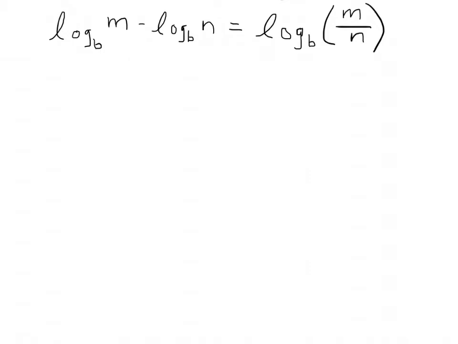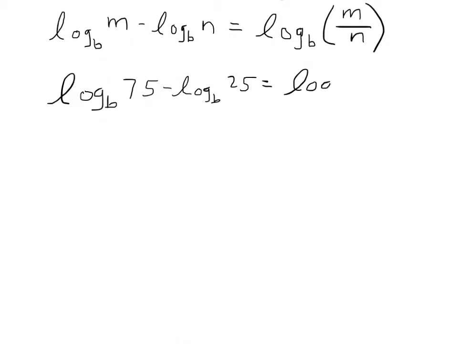I don't know how necessary it is. This one is a little bit prettier to work with, though. You might be somewhat happier with it. Maybe not. If you have the log base b of, I don't know, 75 minus the log base b of 25, well, we know that we can make a fraction out of those things. We could make it 75 divided by 25, but 75 divided by 25 is 3.